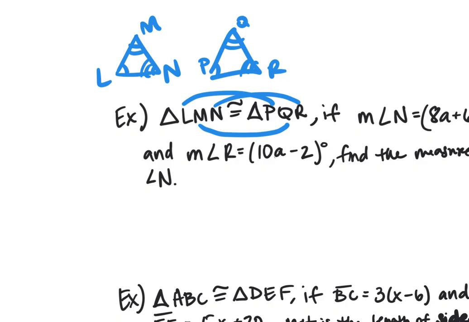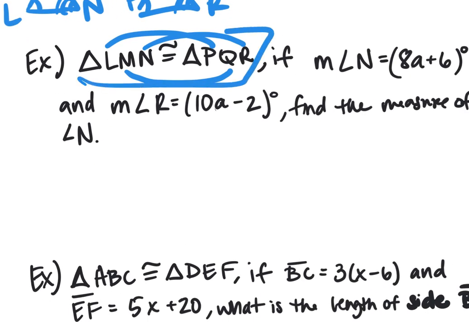But they tell us that N is 8A plus 6 and R is 10A minus 2. I don't need the picture to say that the triangle congruency tells me N and R are congruent, right? In just this statement here, it tells me that N and R are congruent because they're in the same placement. So I don't need the picture to show me that.